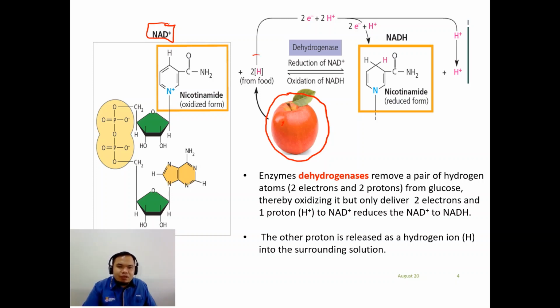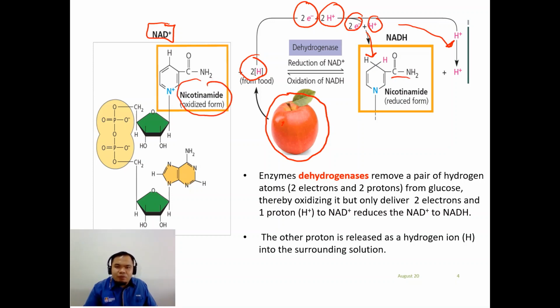So you see here, 2 electrons and 2 protons from the food transfer 2 electrons and 1 proton to NAD plus, which becomes NADH, and the extra proton is then released to the surrounding solution. This is the oxidized form, NAD plus.